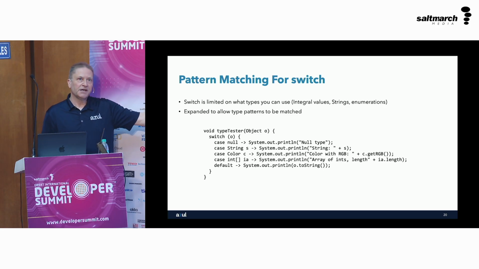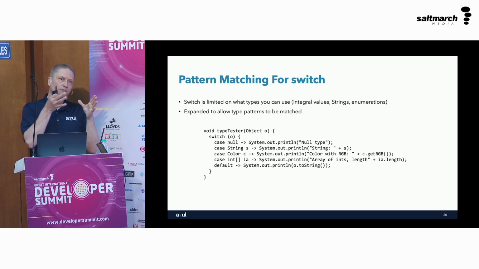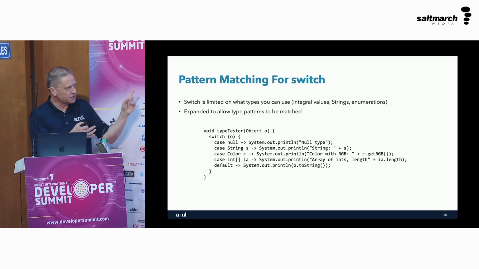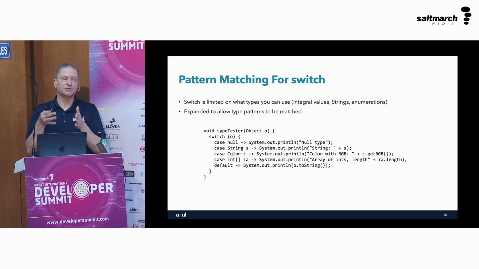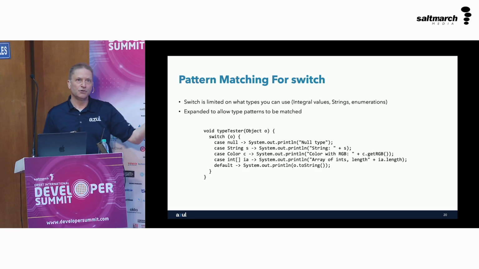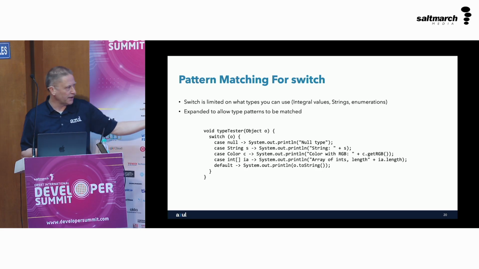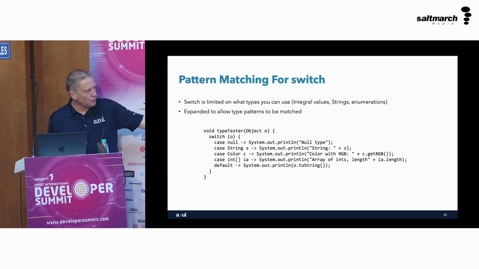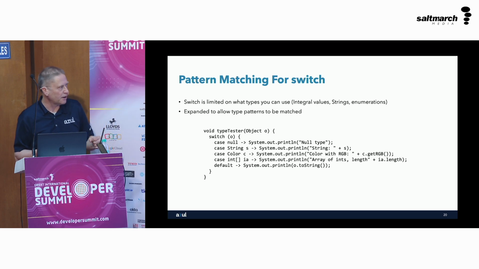Then we can have cases for specific types, case String, case Color, and these again are pattern predicates. So case String is where we're matching against a string. And then we have a pattern variable, S, which will be assigned if we match, or C for Color, if we match against that. And then if we do, we have something that happens on the other side to say we're going to print out string or print out null type or whatever.